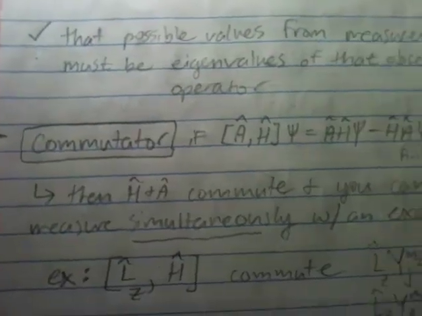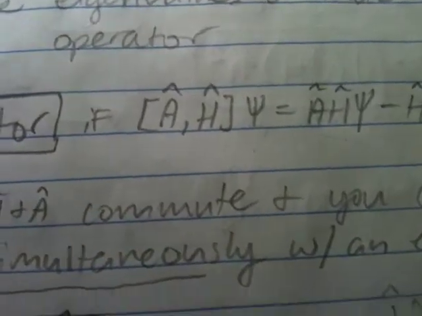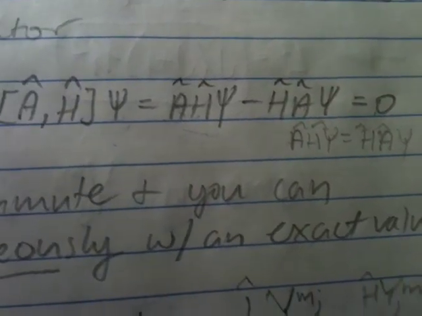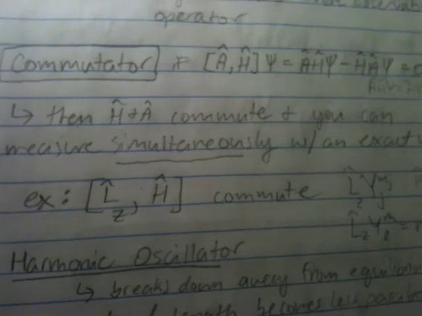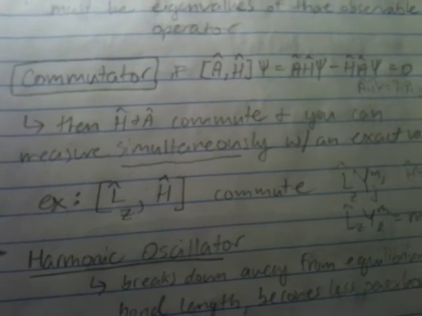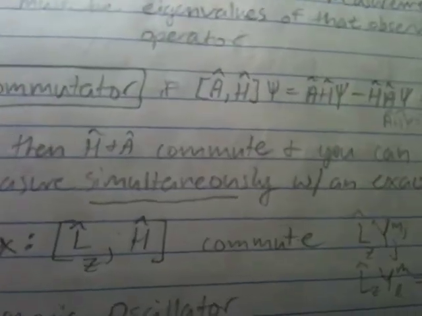Also, we learned this thing called the commutator, which means that these two commute if this is true, and this just means that you can simultaneously measure those two observable operators and get exact values. Alright, that's time.